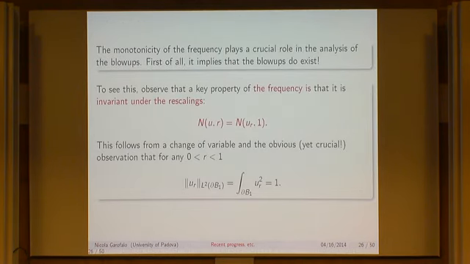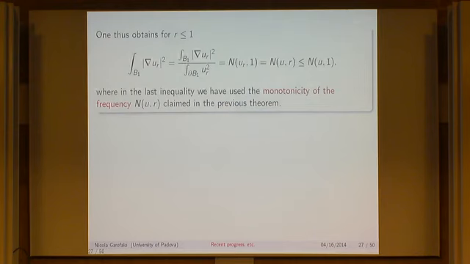So we use this property here, this scale invariance, and then we use this trivial observation, which I just made. And then we proceed, and we look at the energy of the rescaled function on a ball of fixed radius 1. So this is equal to this divided by this, because as I just told you, this thing is 1.